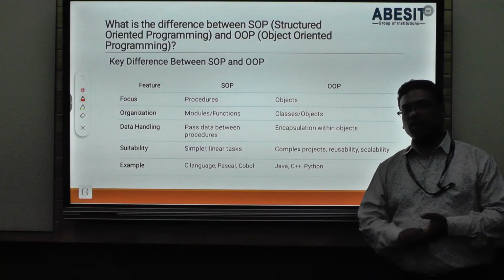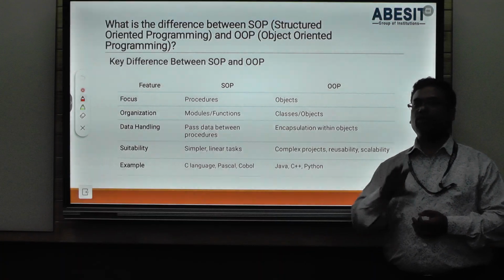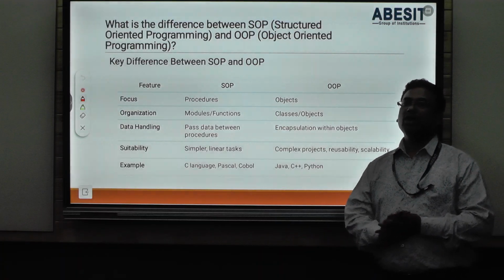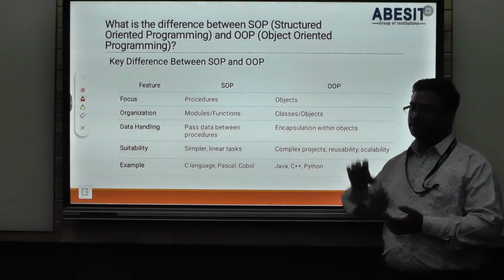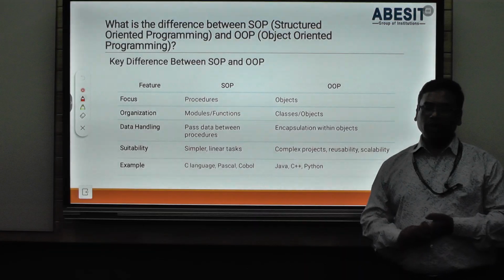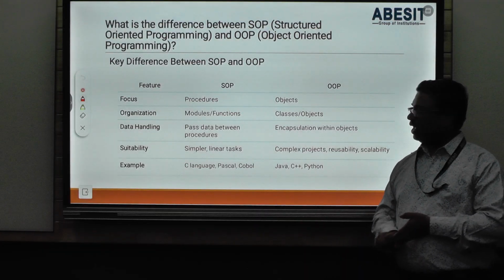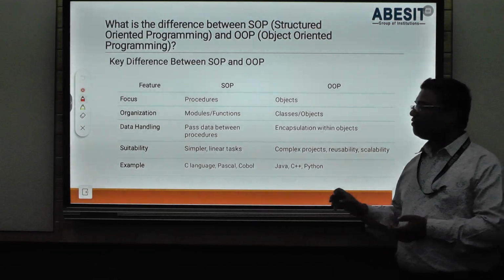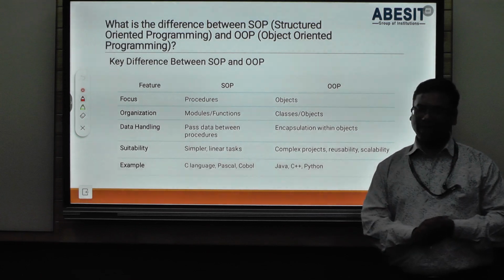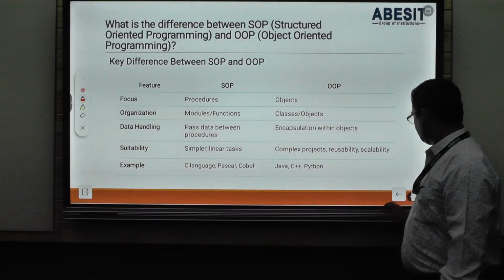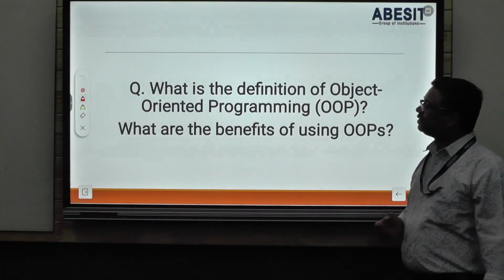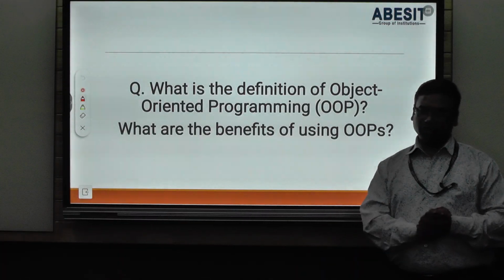We can call methods of the object for use of the classes. Languages like C, Pascal, COBOL use the SOP approach, while languages like Java, C++, Python use OOP. This is the answer to our question.